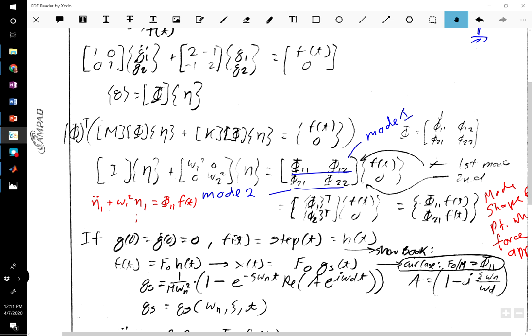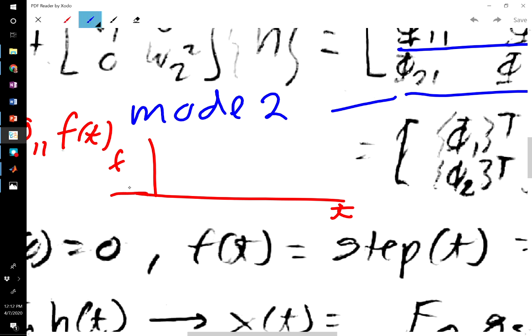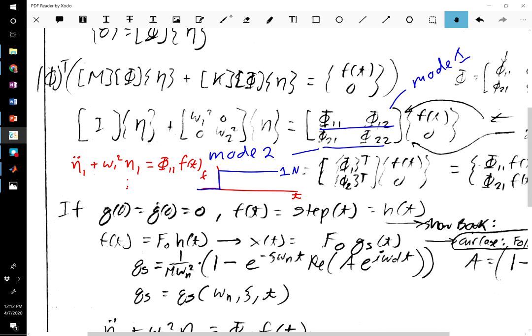Let's say that f of t is a step function, so in time our force looks like this: it's 0 before time 0, then it suddenly comes up, and then it stays at a constant value. Let's have it be a unit step, say 1 Newton of force. If that's the case, this is the unit step response.